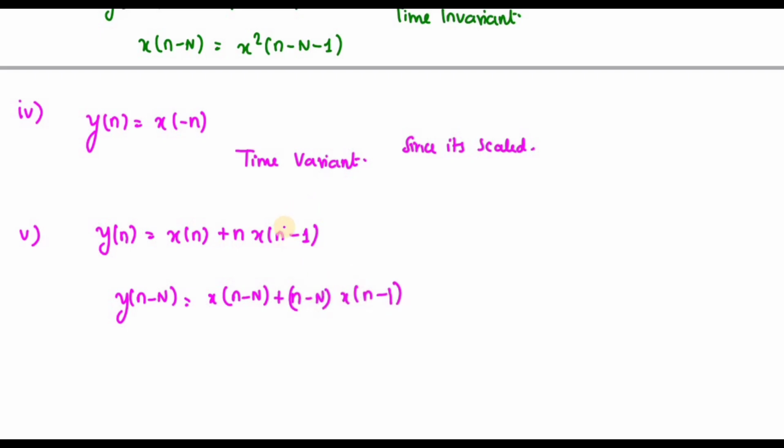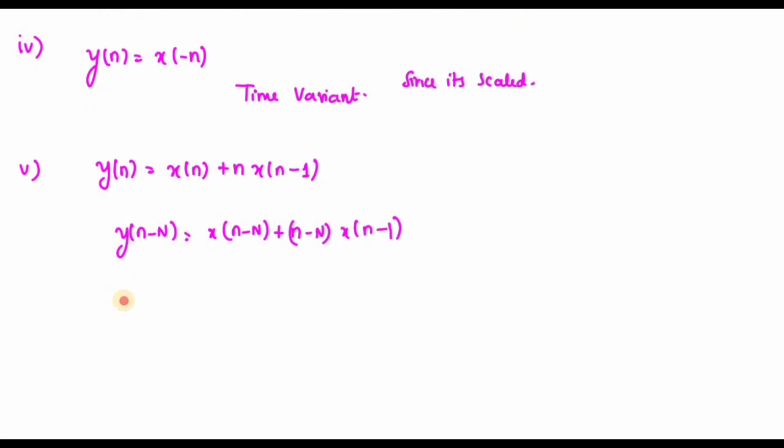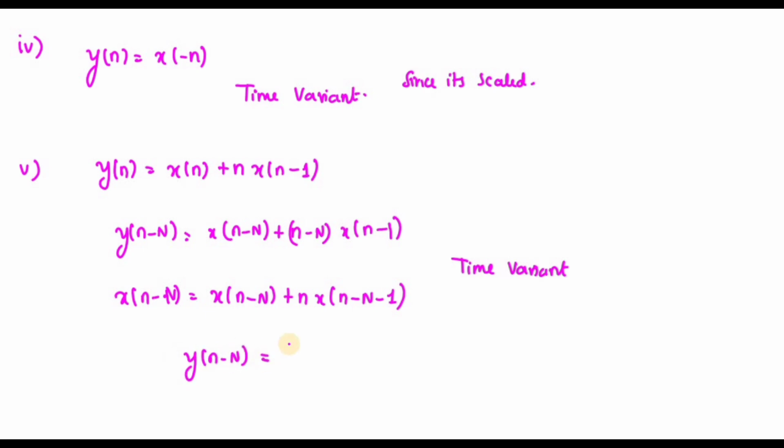Whereas if I change only the x of n by N, it becomes x of n minus N plus n into x of n minus 1. So here you can see it is time variant, right? Because y of n minus N is not equal to x of n minus N.